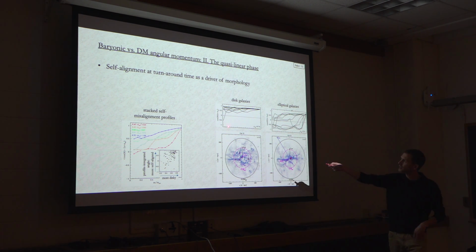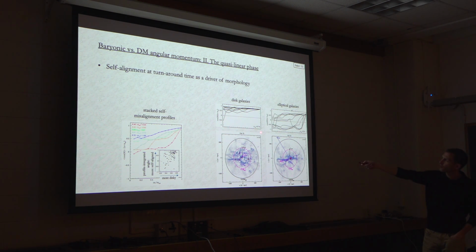And this has been generalized, so this is essentially the profile as a function of radius of the angle of each shell with respect to the overall angular momentum of the halo. And we see that for these disk galaxies, these profiles are much closer to a cosine of 1, but for elliptical galaxies, they're much lower.